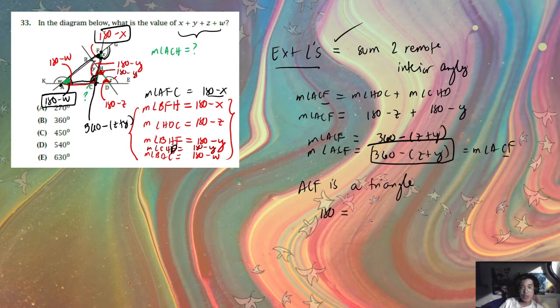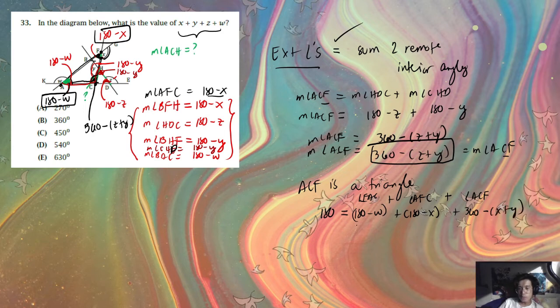And 180 is going to be equal to 180 minus w, this is the measurement of angle FAC, plus the measurement of angle AFC, which measures 180 minus x, plus the measurement of angle ACF, which measures 360 minus quantity x plus y.